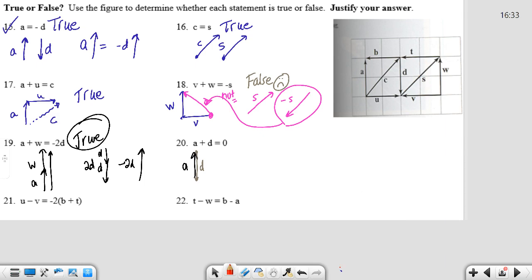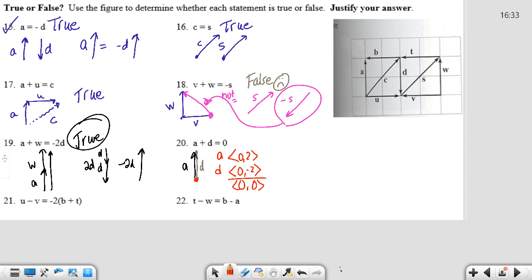Let's look to see our actual vectors. A's component form would be 0, 2. And D's component form would be 0, negative 2. When I find their sum, I get the vector 0, 0. So we actually do just get a point. It's not just 0, it's the vector 0, 0. That's a little bit tricky.